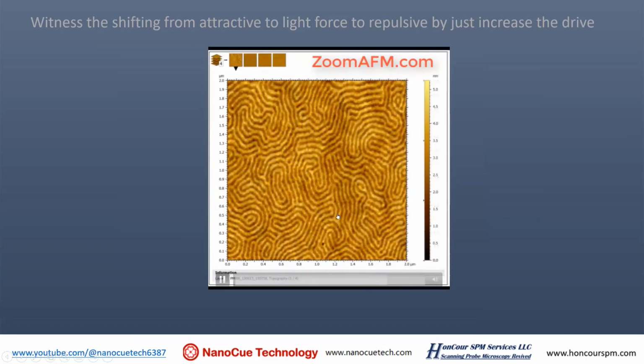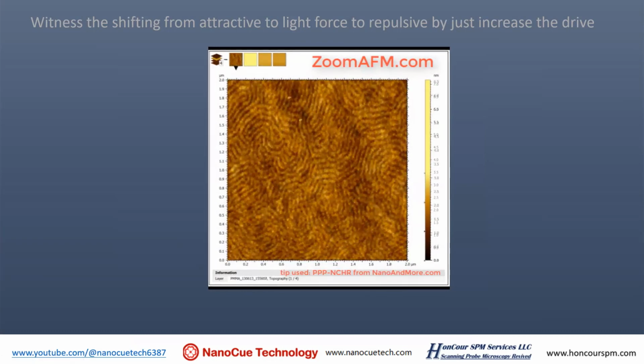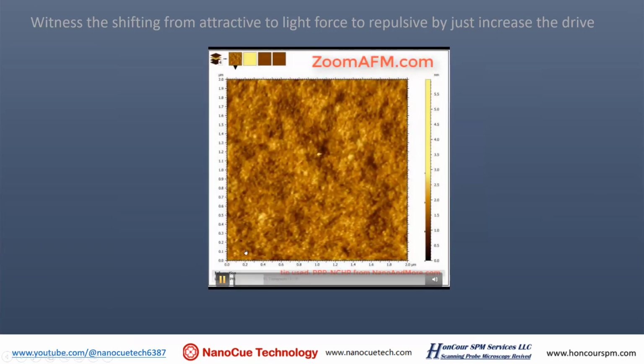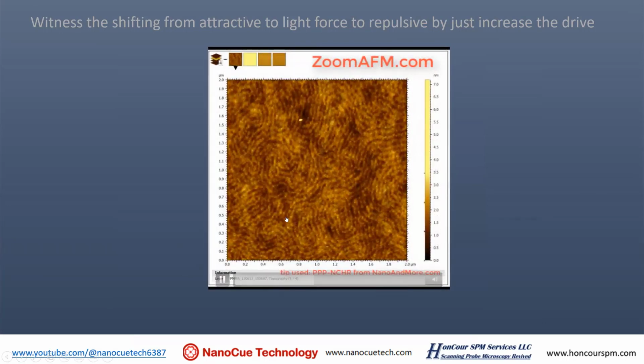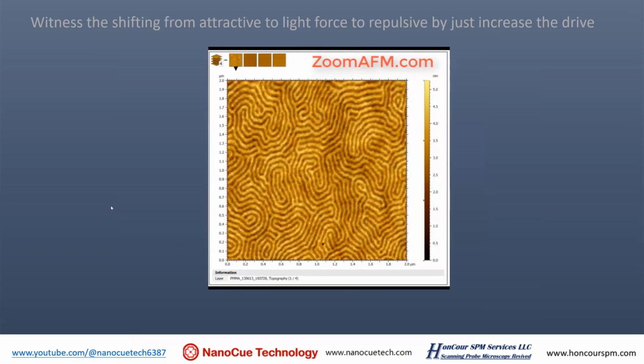Yes. So this is the same sample. The difference between these different images is the difference in drive. You see, the image looks different. Turn the drive from low to high. Yeah. Even the image looks different.